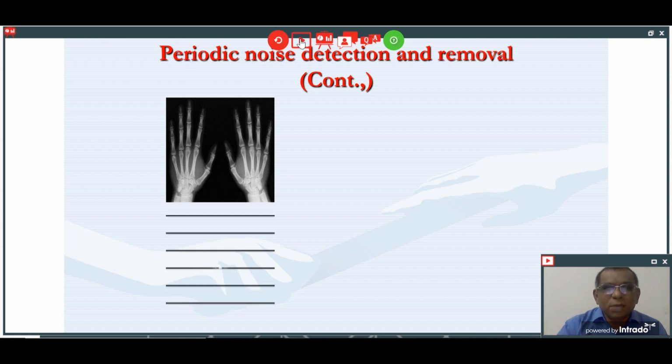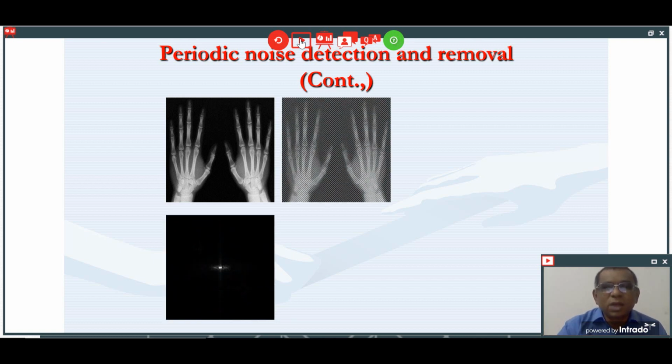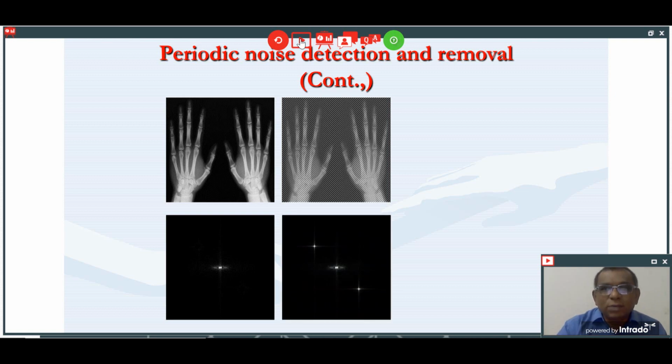Now we will continue the discussion like this. So we have an image and the corresponding spectrum. Now the difference is, here again we have a periodic noise, but the frequency is higher. So compared to the earlier case, here the frequency of the sinusoidal interference is high. In the corresponding spectrum, you can see that the dots are dispersed.